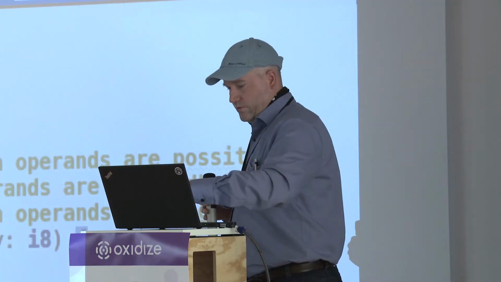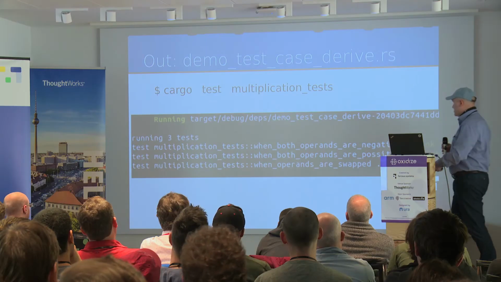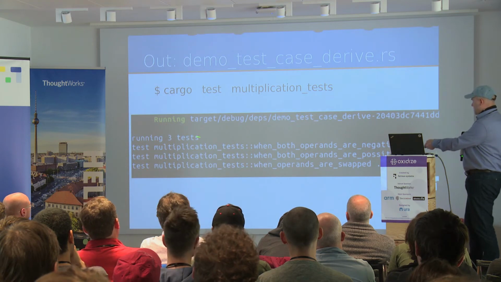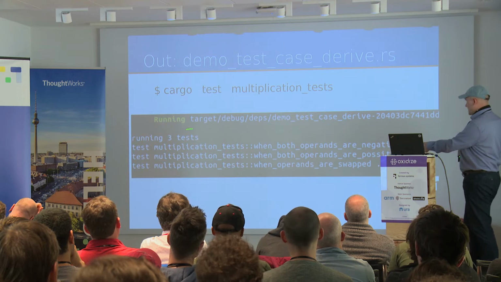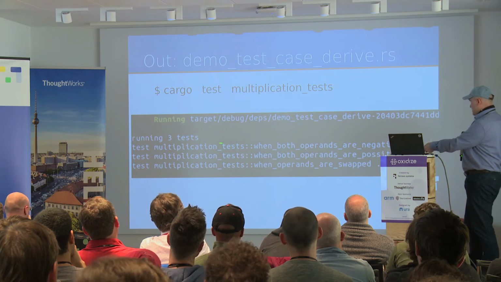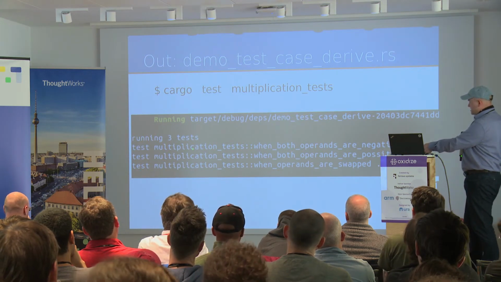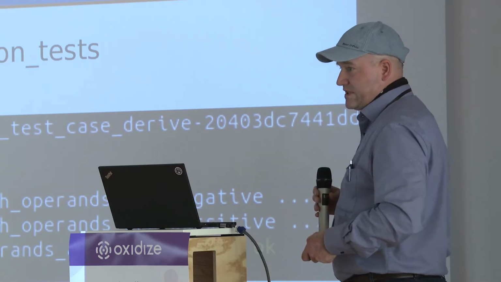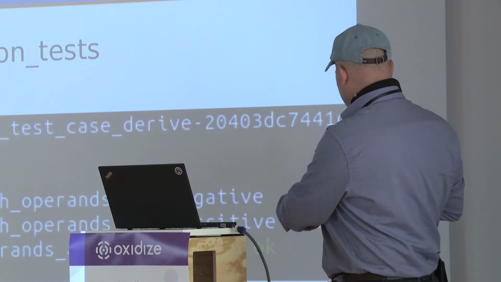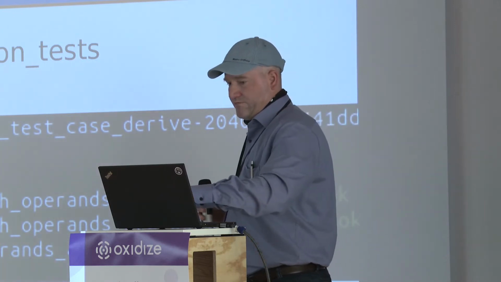When we build the project and run it, we end up with multiple tests that have been generated, realizing the multiplication test for a specific named test case and yielding the result.